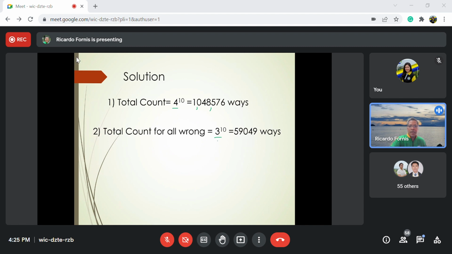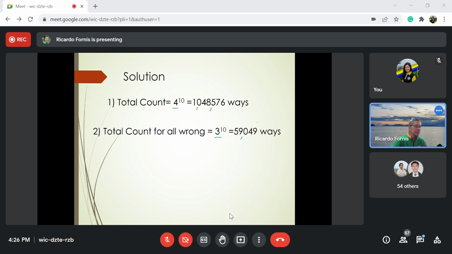In the second item, there are also 3 wrong answers. So to make it all wrong, you choose only the wrong answers. And therefore, you just say 3 times 3 times 3 times 3. You multiply 3 ten times. And there are 59,049 different ways.